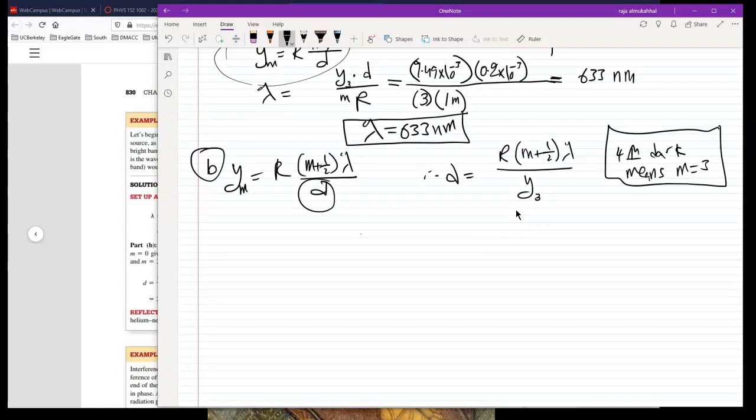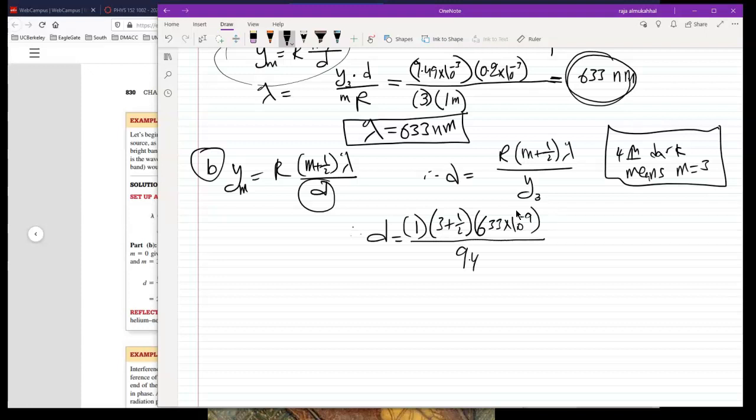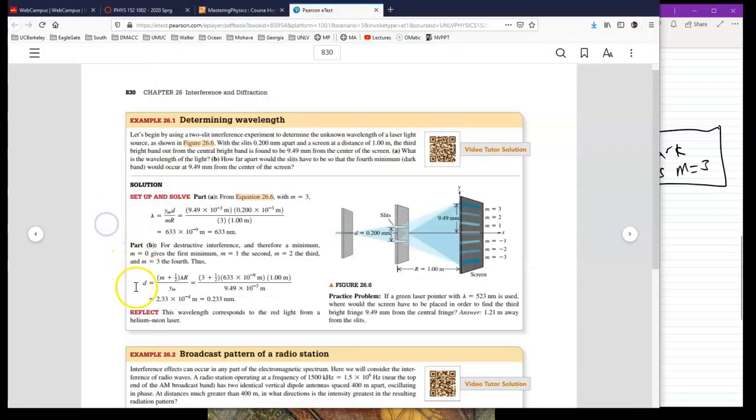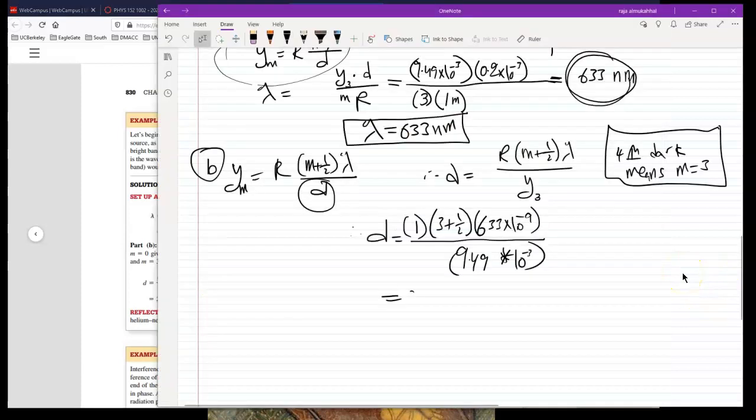So D equals R, which is 1, times 3 plus half, times lambda, which I just got, with this wavelength right here, 633 times 10 to the negative 9, divided by Y sub 3. He said it's the same number, 9.49 times 10 to the negative 3, in meters. And then you calculate that. I'm just going to get the answer. There we go, we did exactly the same thing. And it turned out to be 0.233 millimeter to get that fourth dark, or a third dark.